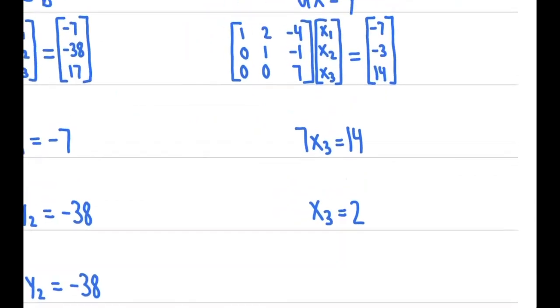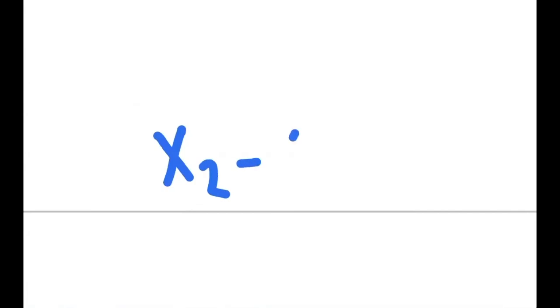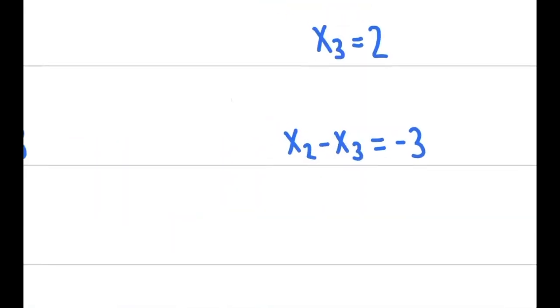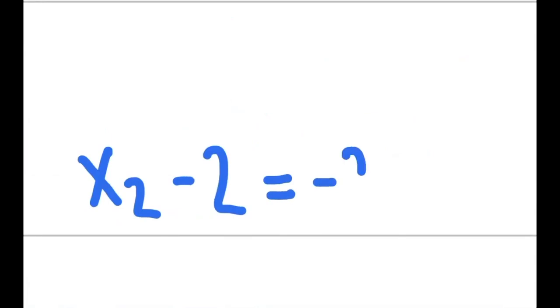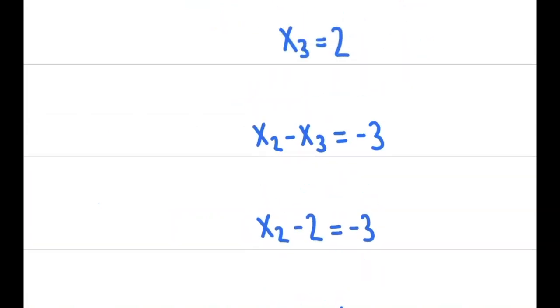And then for the second equation, we have x2 minus x3 is -3. And x3 is 2. So we have x2 minus 2 equals -3. And if you add 2 to both sides, you get x2 is -1. Let me box these because these are actually the final answer.